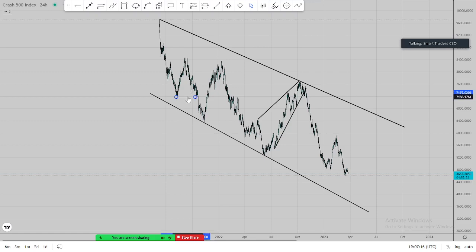So when it's downtrending, we always expect the market to break to the downside and not to the upside. To the upside, I'm referring to your recent highs, which are your lower highs. When we are downtrending, we expect the market to break the lows and establish new lows, and not break the highs.